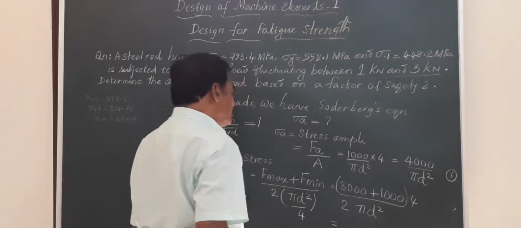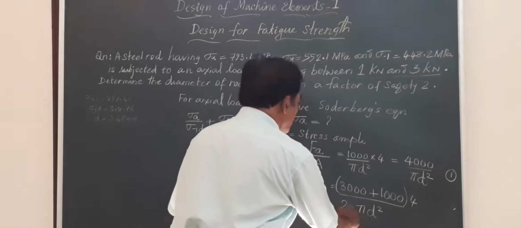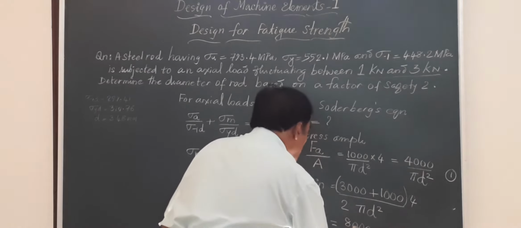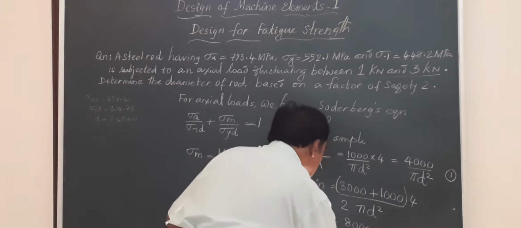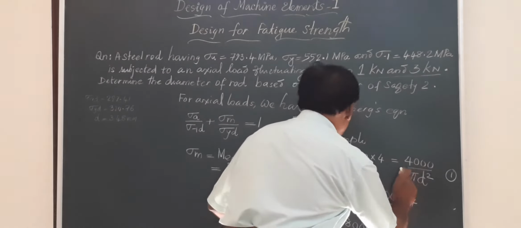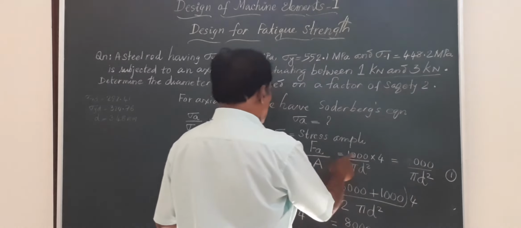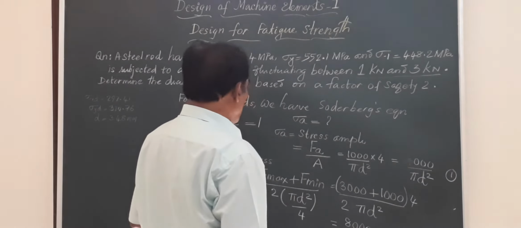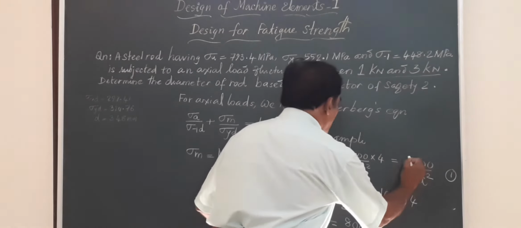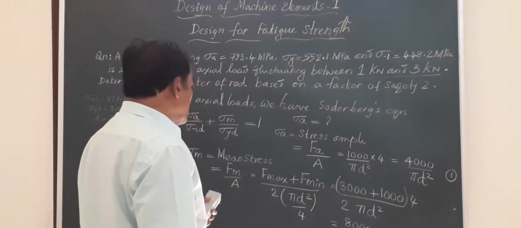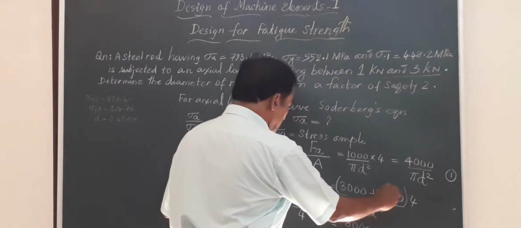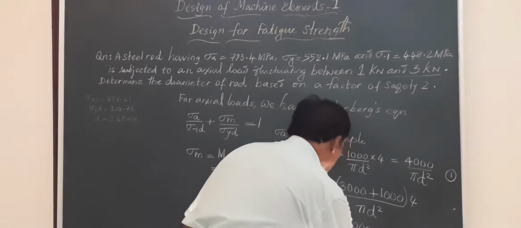Friends, this is going to be 4 into 2000, that is 8000, divided by 2 pi d square. 1000 was the average value, maximum 3000 plus minimum 1000 by 2 is 2000, and 2000 into 4 is 8000 by pi d square.